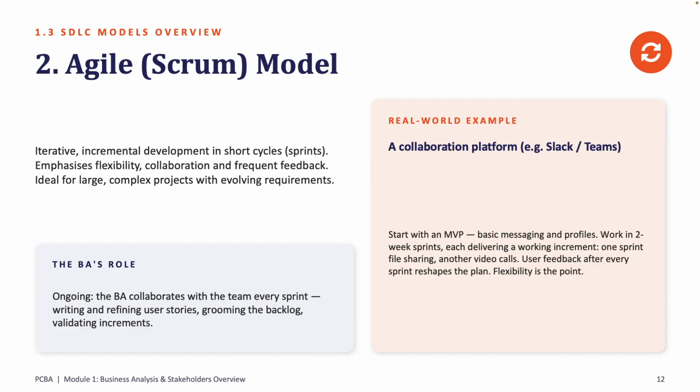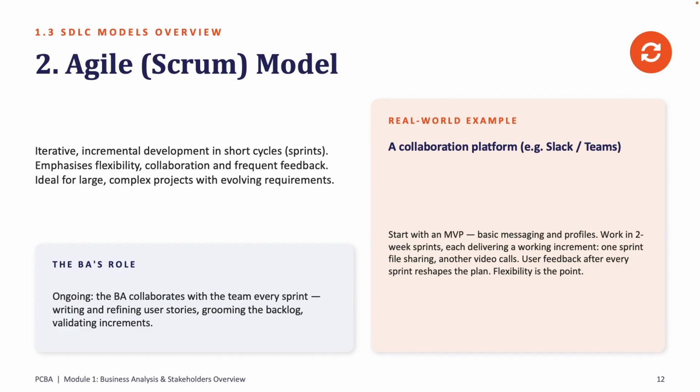We call them sprints. That's why in companies you will hear them say we are doing sprint one, we are in sprint two, we are in sprint three, and so on. It emphasizes flexibility. That is the best part of it. There is collaboration and there is frequent feedback in between the processes, or from each particular sprint that you are developing.